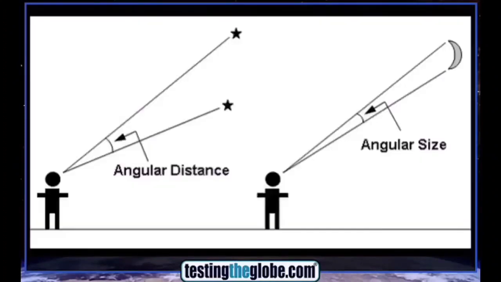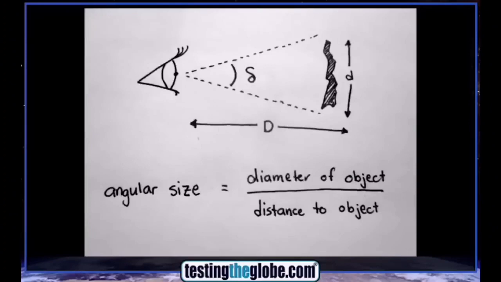One way they fill this gap is to use the angular distance of a sky object to invent their model. The angular diameter, or apparent size, is an angular measurement describing how large an object appears from a given point of view.